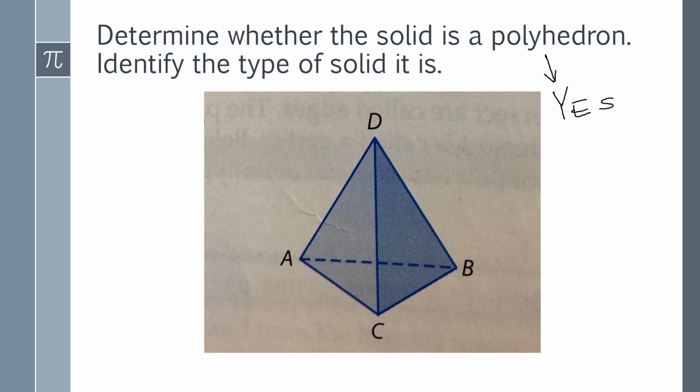The type of solid is a triangular pyramid. Now, some of you might be wondering, is it a tetrahedron? We can't state whether it is or not because we don't know whether all of the sides are equilateral and equiangular triangles, right? Since we don't know that, we cannot state whether or not it is a tetrahedron.